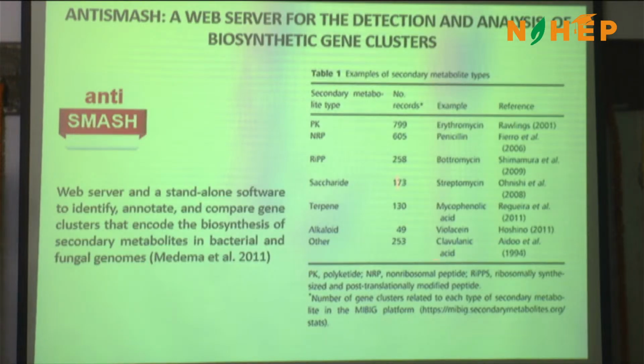So here we have a list of types of metabolites. For example, non-ribosomal peptides, or ribosomally synthesized peptides, and then here the compound that is produced, and also the reference. So you all know what secondary metabolites are now. Basically, thinking this way, it's a compound that can kill the fungus that we want to kill. Yeah, let's leave it there.